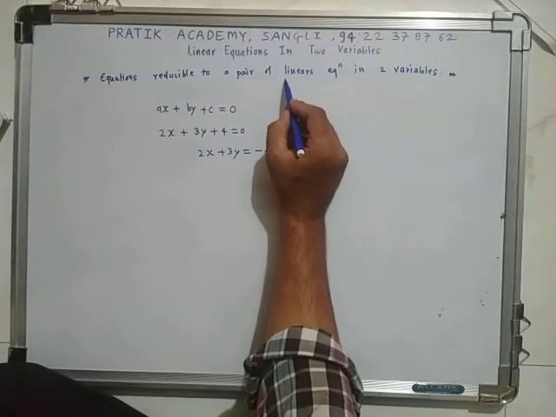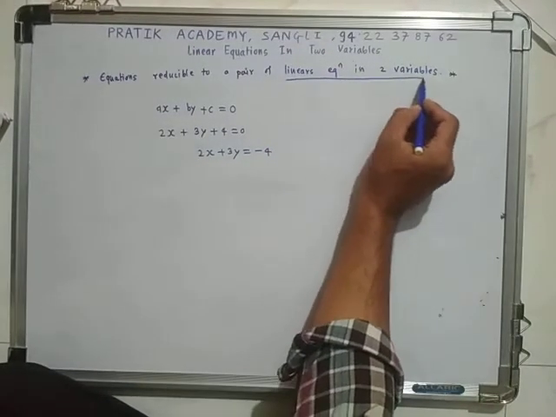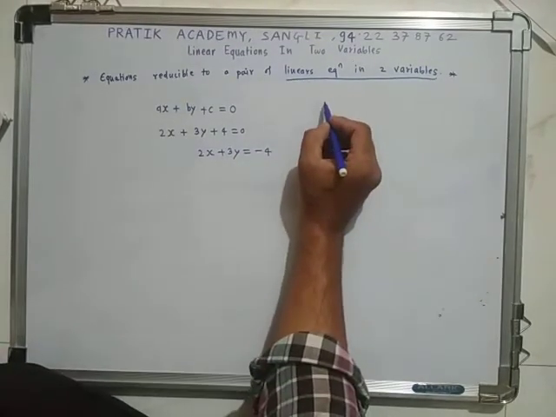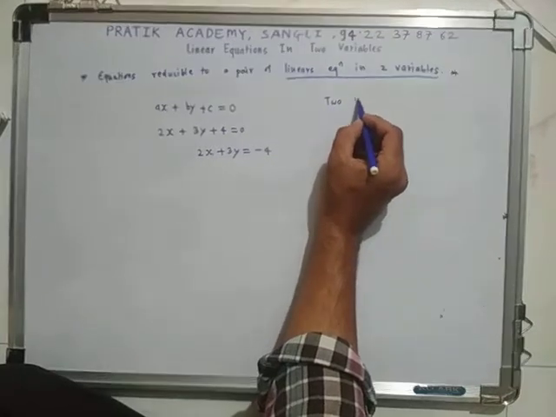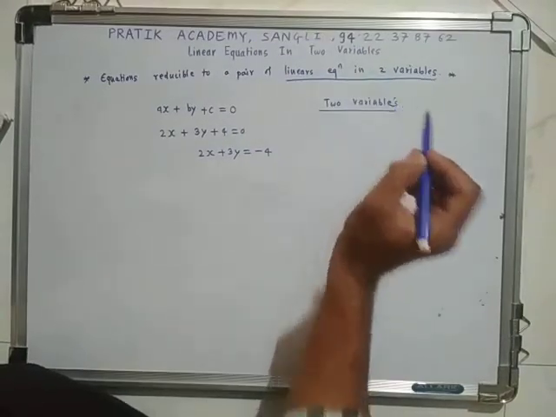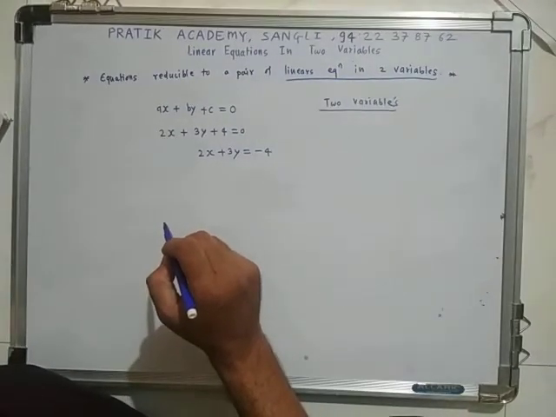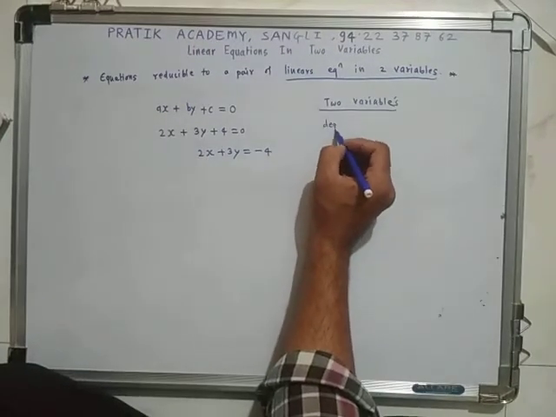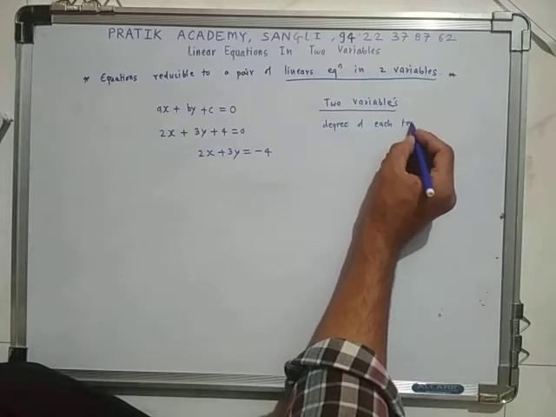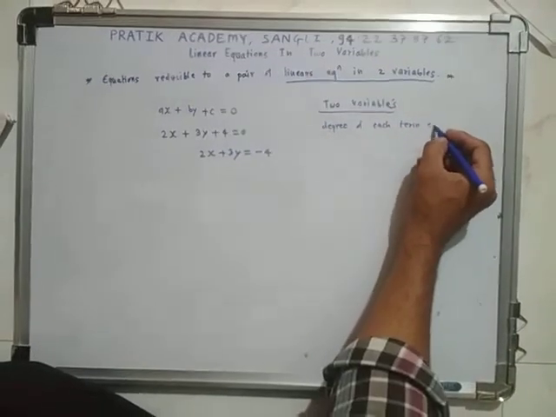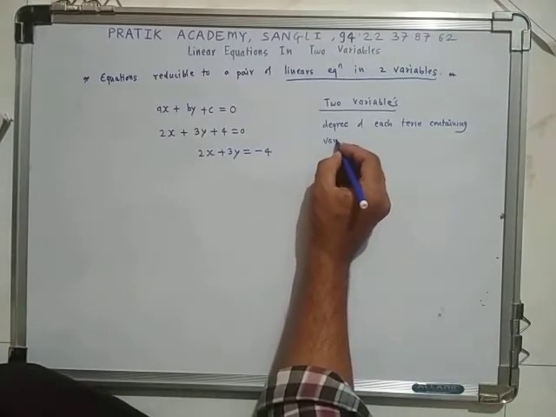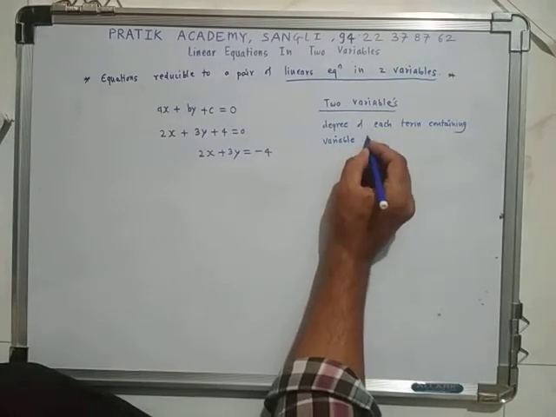So first, what is the condition for a linear equation in two variables? The condition or definition: the equation should contain two variables and the degree of each term containing a variable is 1.